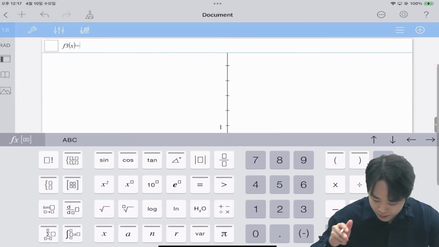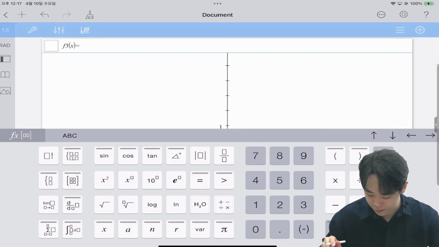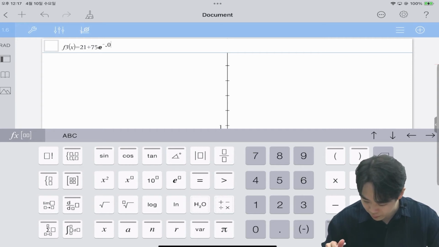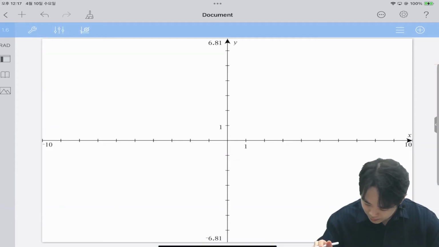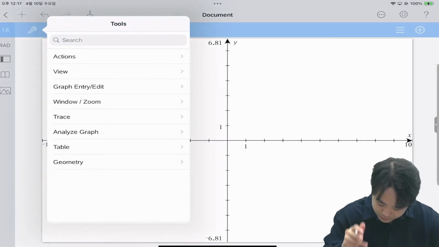So if you were to plot the original graph of 21 plus 75 times e to the power of negative 0.08x, so instead of t, we would write x here. I would want to go into my settings.